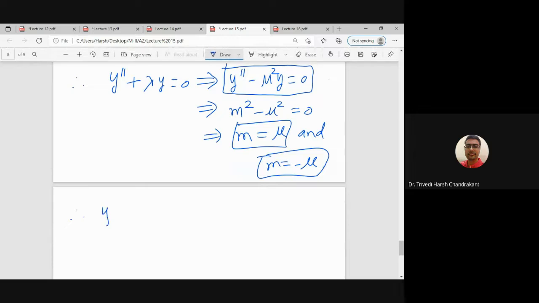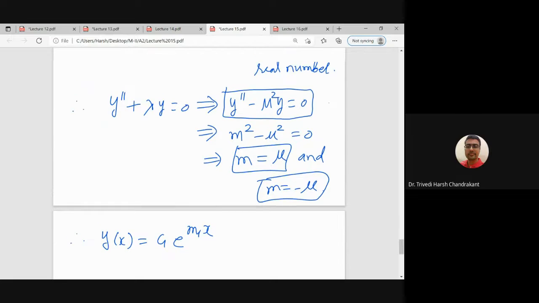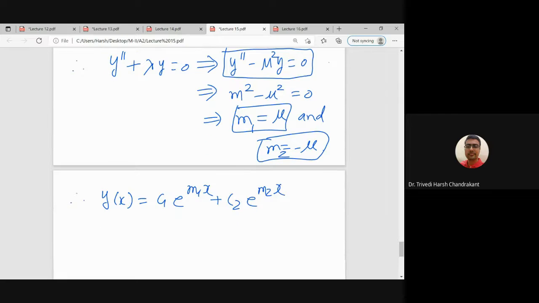In this case, we know the general solution is c1 e power m1 x plus c2 e power m2 x. So this is our m1, this is our m2. That will give us c1 e power mu x plus c2 e power minus mu x.